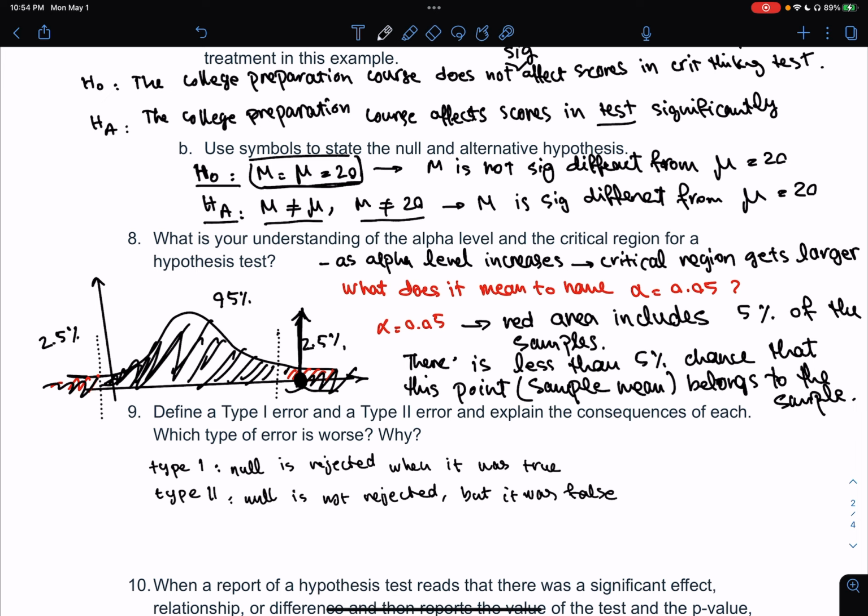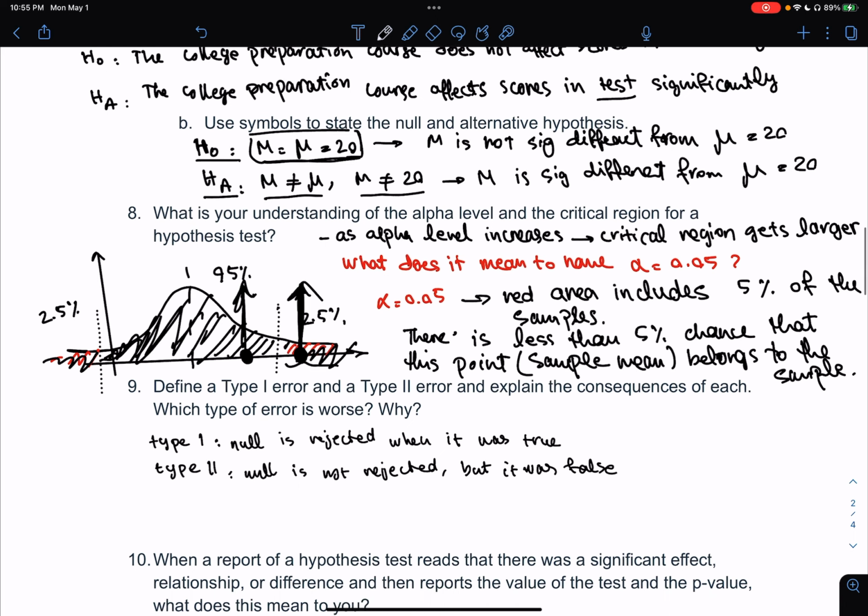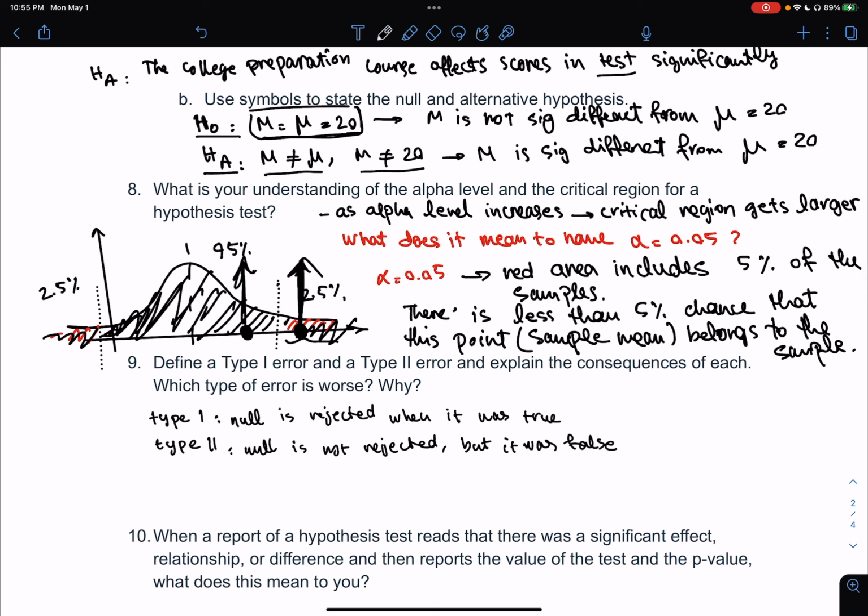But if it was somewhere in here, since it is in the bigger chunk of the distribution, there is more chance for this point to belong to this sample than to the other one. So that's when we claim that we have rejected the null: this sample mean is so far from the mean that there is a very low probability that it belongs to this distribution.